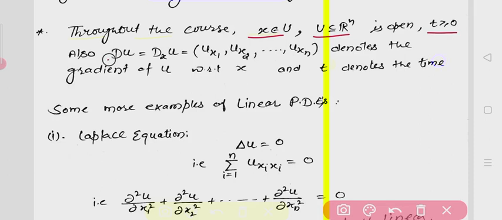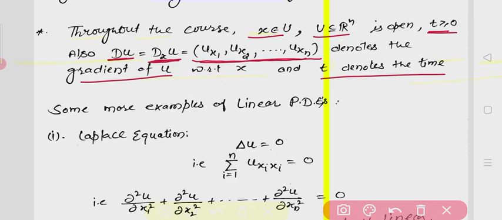So जहाँ पर हम du लिख रहे हैं, so du will be actually written as dxu, okay, which is known as the vector of u x1. मीन्स इसका मीनिंग क्या है, फर्स्ट ऑर्डर पार्शियल ऑर्डर डेरिवेटिव्स ऑफ ऑर्डर 1, उसको हमने एक वेक्टर की फॉर्म में लिखा है. सो दिस इज ux1 ux2 ux3 ux n. एंड दिस इज नोन एज द ग्रेडियंट ऑफ u विद रिस्पेक्ट टू x. अब जहाँ पर हम t डिनोट करें, दैट t डिनोट द टाइम.